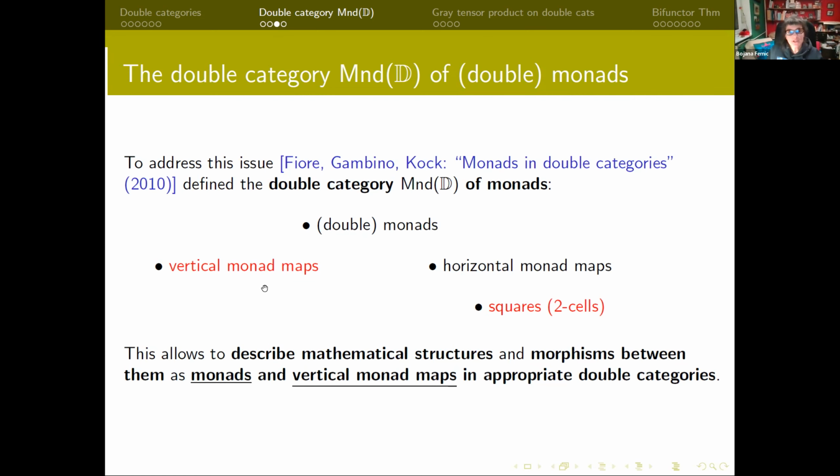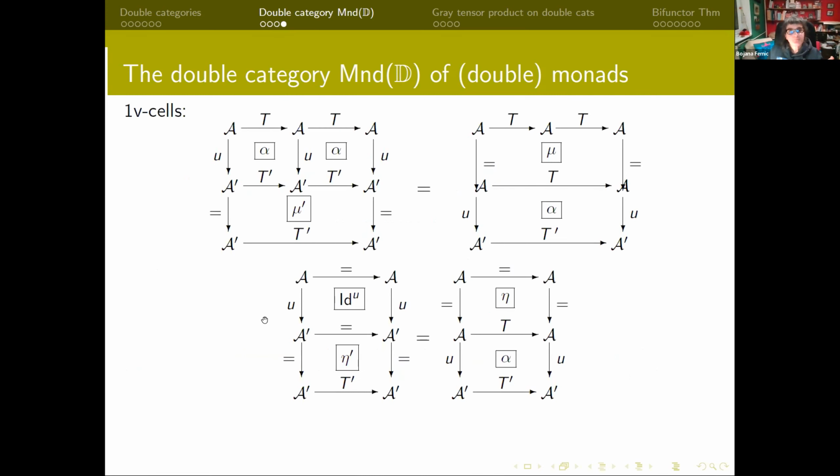And so now here I want to put a definition of vertical monad maps. These are these squares alpha. This is the same as Matthew showed yesterday, but the direction of horizontal and vertical is the opposite way by definition. So here, vertical monad maps are given by squares alpha.